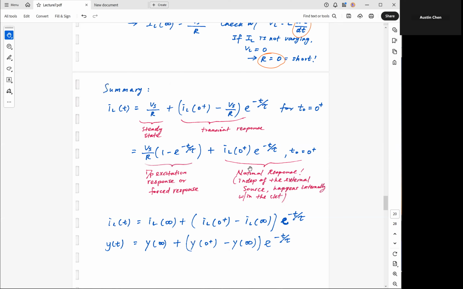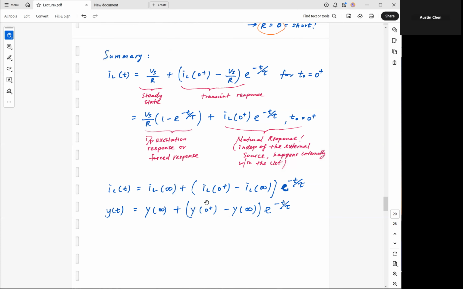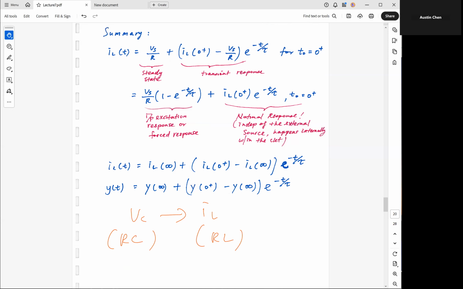For the natural response, you look for the initial condition, iL at 0 plus. Lastly, exactly the same form for the template. The only difference is you replace vC(t) by iL(t). Anything that is vC, you replace with iL. This is for RC circuits, and this is for RL circuits.